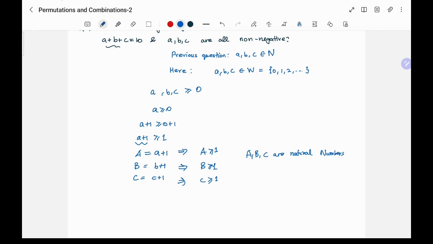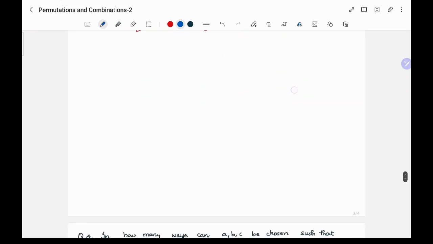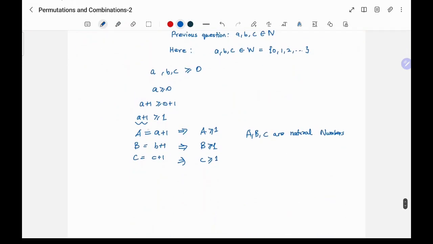If they are natural numbers, then I can easily apply the trick I found in the previous question. And if you see this to this, the mapping is 1:1.